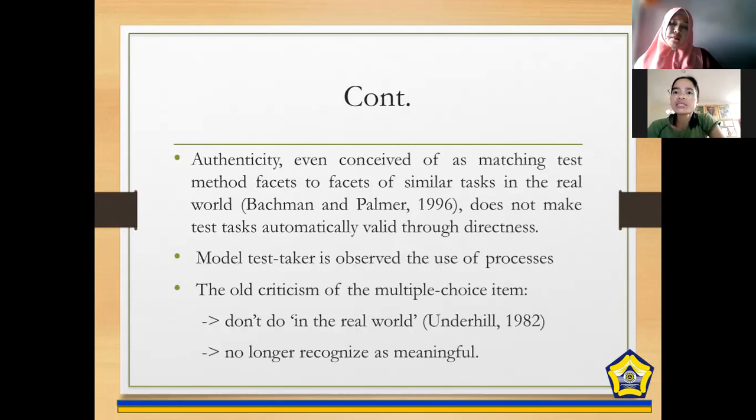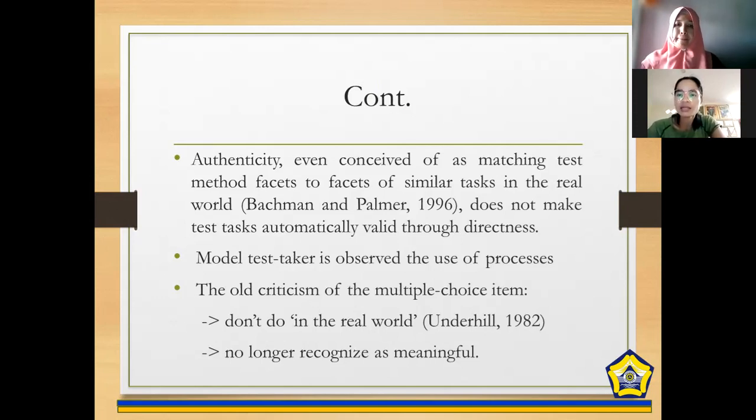Authenticity consists of matching the test model facet to facet with a similar task in the real world, according to Bachman and Palmer 1996. It means that this does not make test tasks automatically valid through the direct.